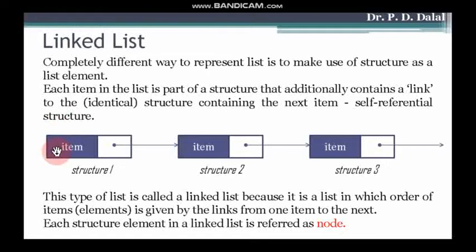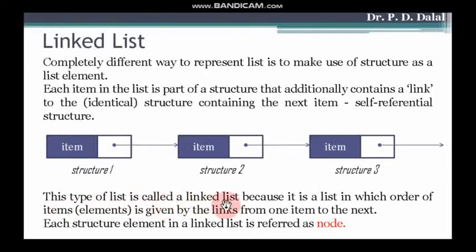Each data in your linked list will be stored as a structure, and each data will have a pointer or a link to the next data item, and this will have a pointer to the next data item, that is structure 3. So this way you will have a link.